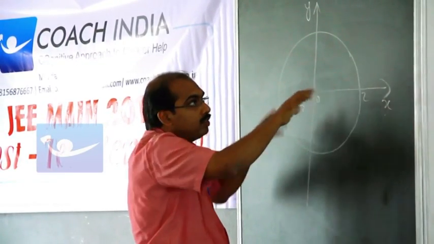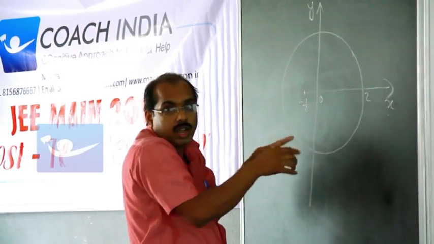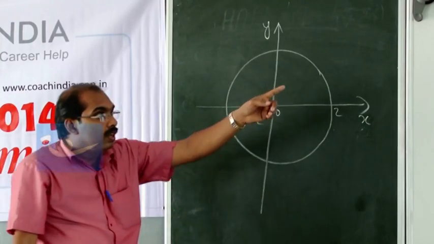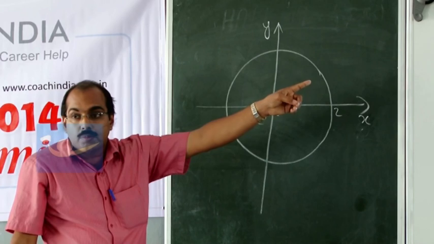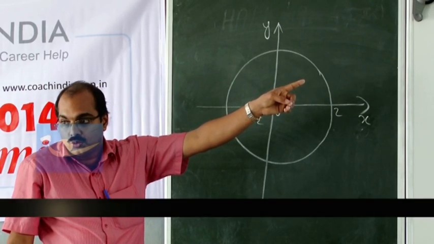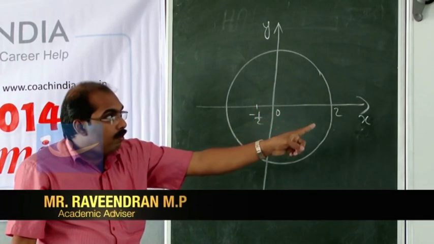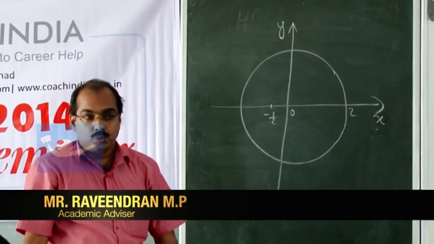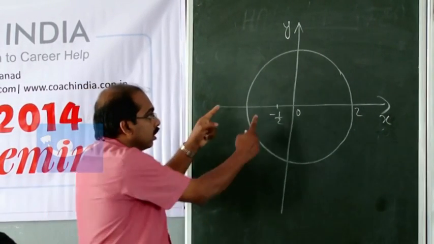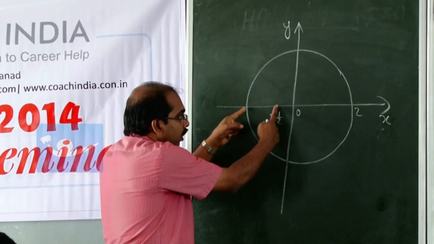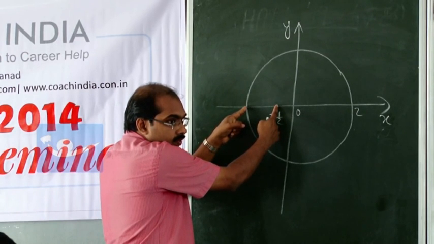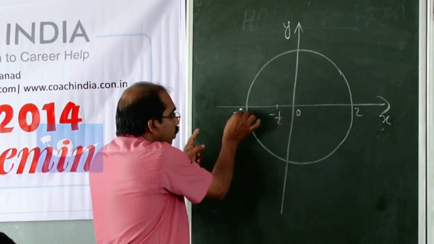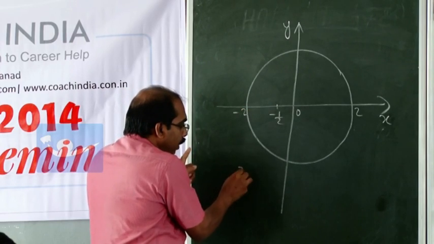The set of all points on the circle and exterior of the circle is the region represented by mod z greater than or equal to 2. The minimum value of mod z plus 1 by 2 is nothing but the distance between these 2 points. So, this is minus 2. The distance between them is going to be 3 by 2.